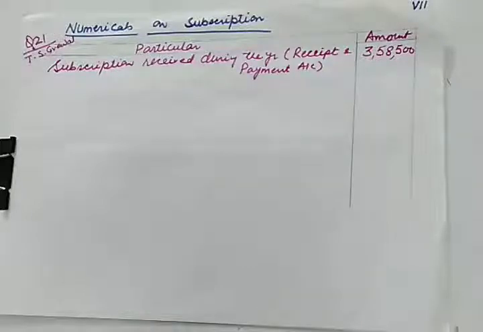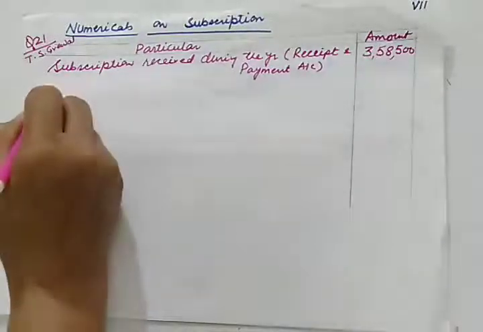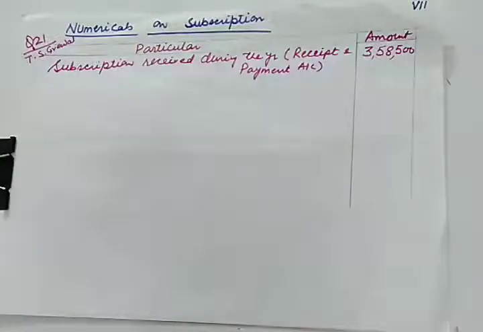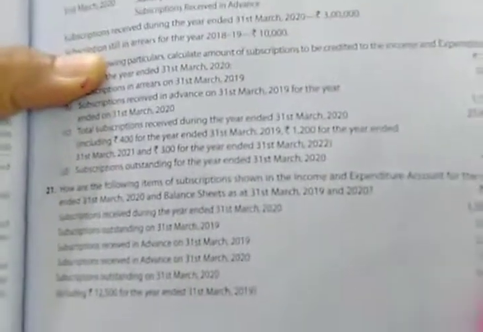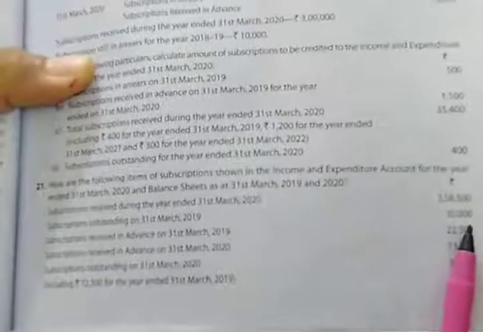Next is subscription outstanding on 31st March 2019. Now you need to be very careful, because when this language is written, it doesn't mean that the full amount is received.